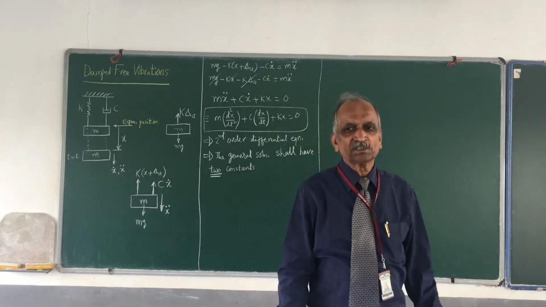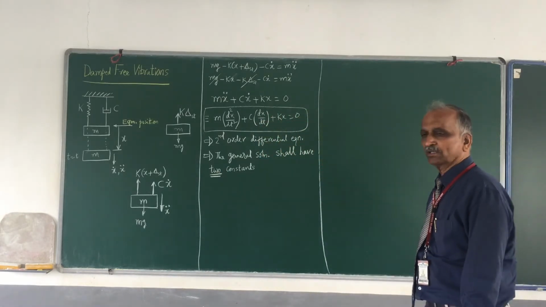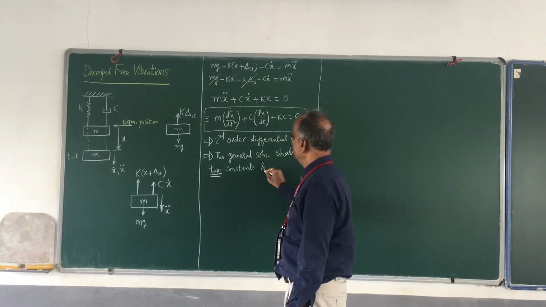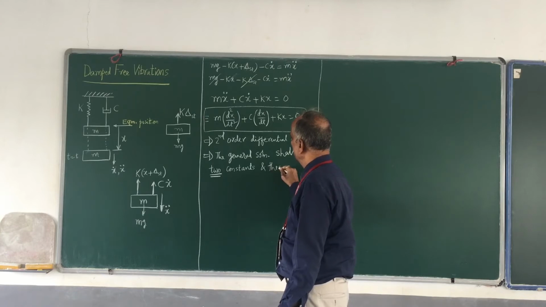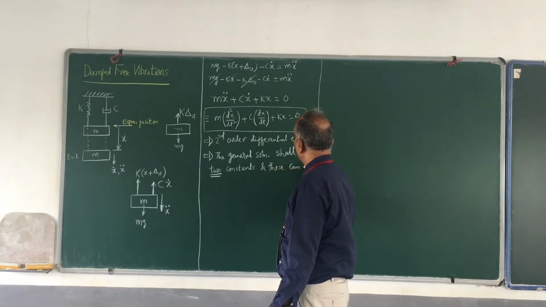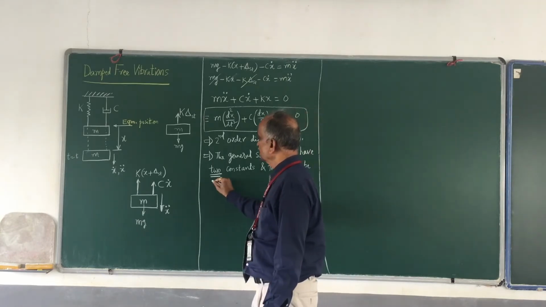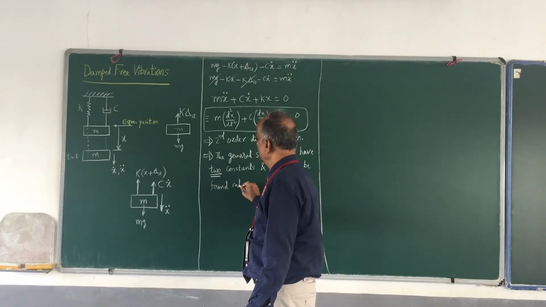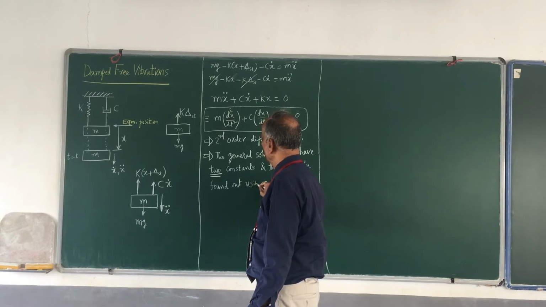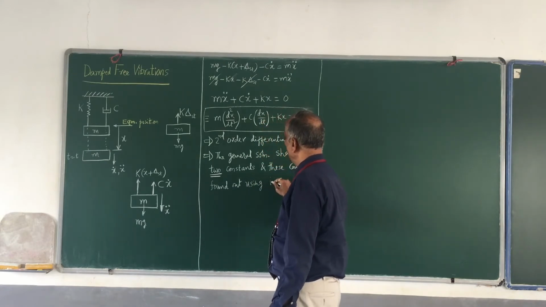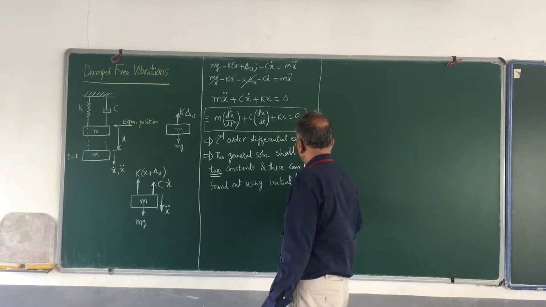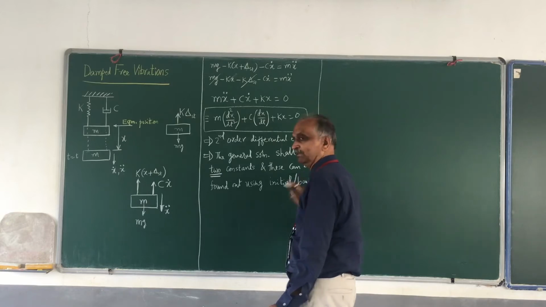Those constants can be found out using what are called initial conditions. Two constants can be found out using initial or boundary conditions. Initial conditions are different, boundary conditions are different, please remember.